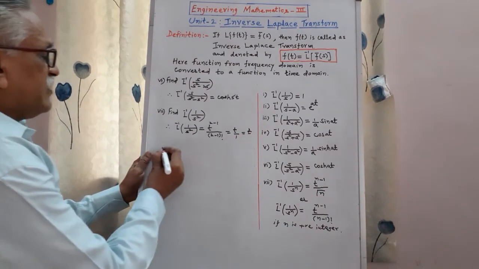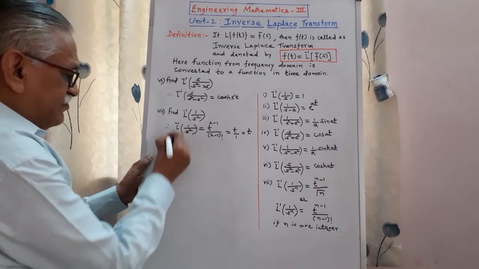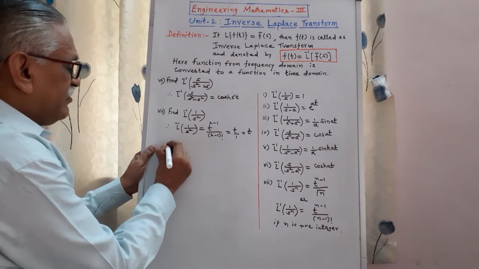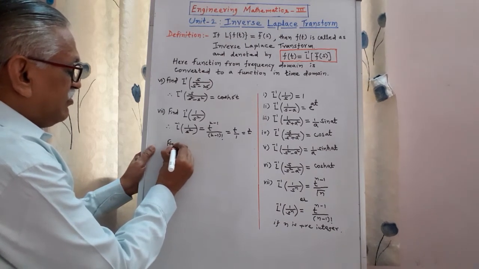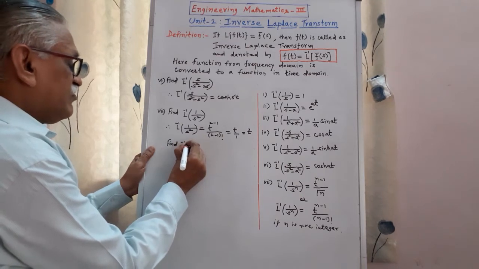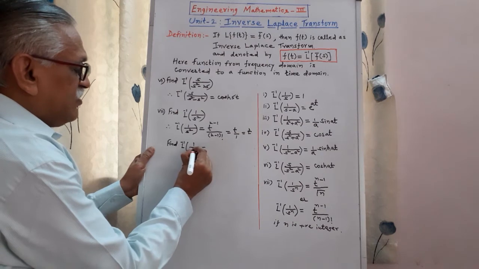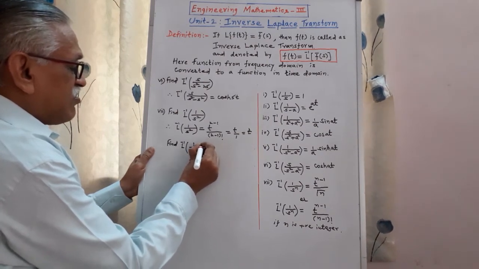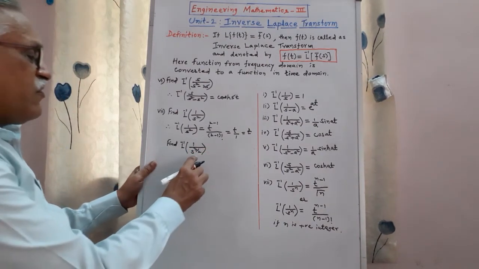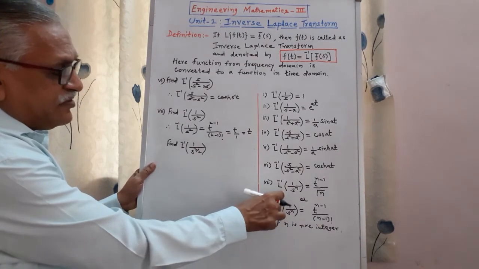Then second, find inverse Laplace of 1 upon s to the 3 by 2. Here that power n is not a positive integer, therefore we have to apply this result.